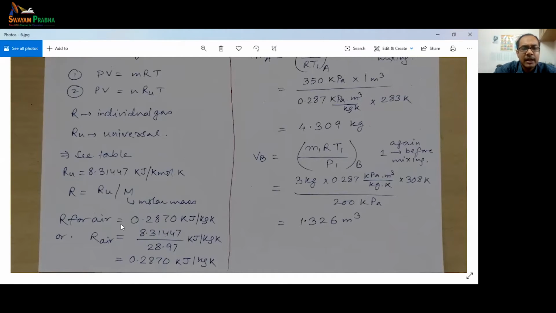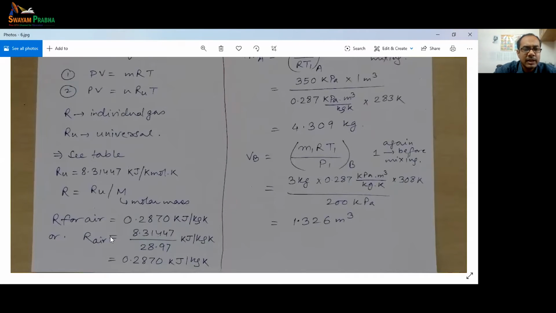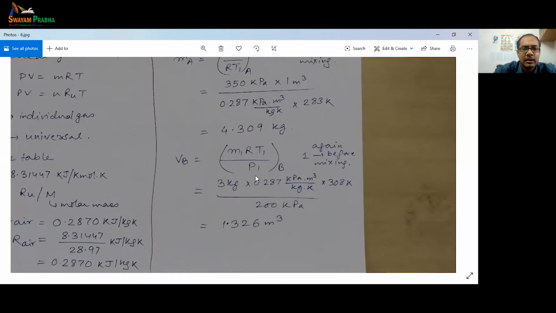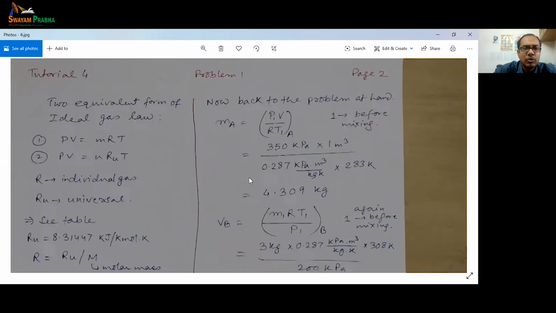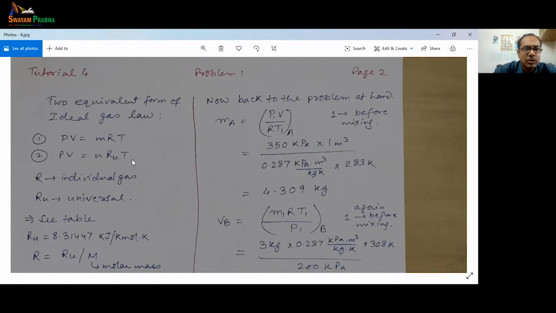So R for air you can look up as 0.2870 kJ/kg·K, or you can find that out by dividing Ru by the molar mass, and you will end up at the same number, 0.2870. That is the gas constant for air. Either of these forms we can use. We will use the mass one because that's what we are after. We want to know the mass.